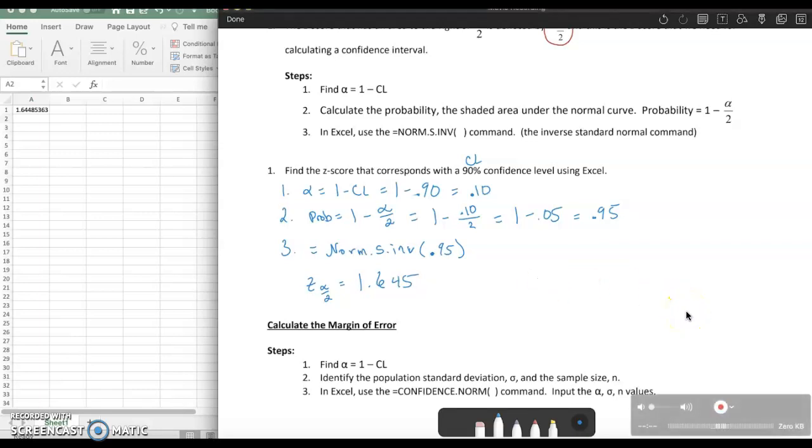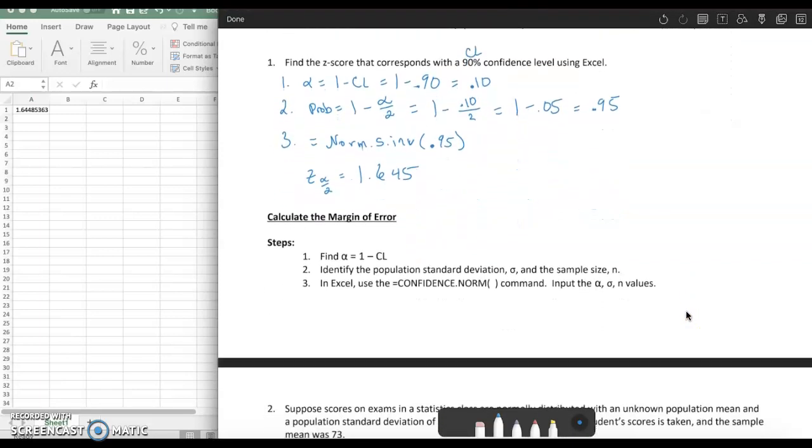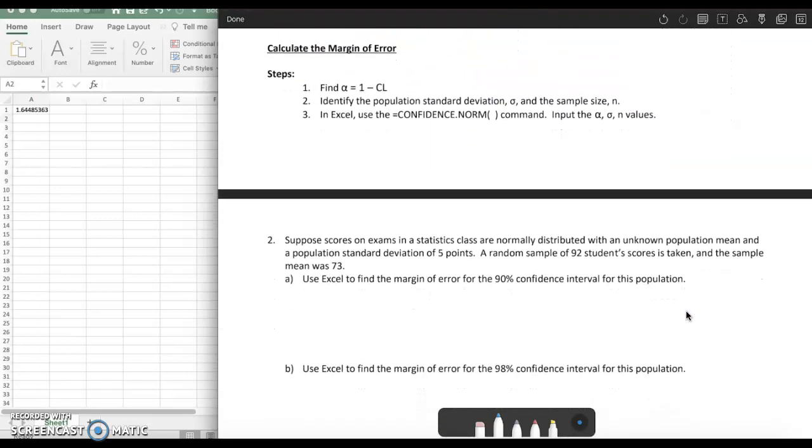Okay, so let's see. After calculating the z-score, the next thing we want to be able to do is calculate the margin of error. So we start the same way. We can still find alpha by doing 1 minus the confidence level. In this case, for finding the margin of error, we have to be given the population standard deviation and the sample size in the problem.